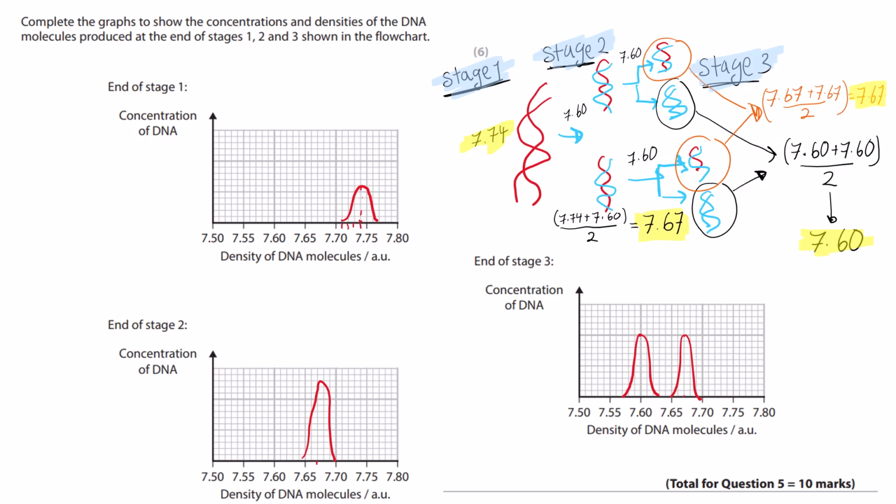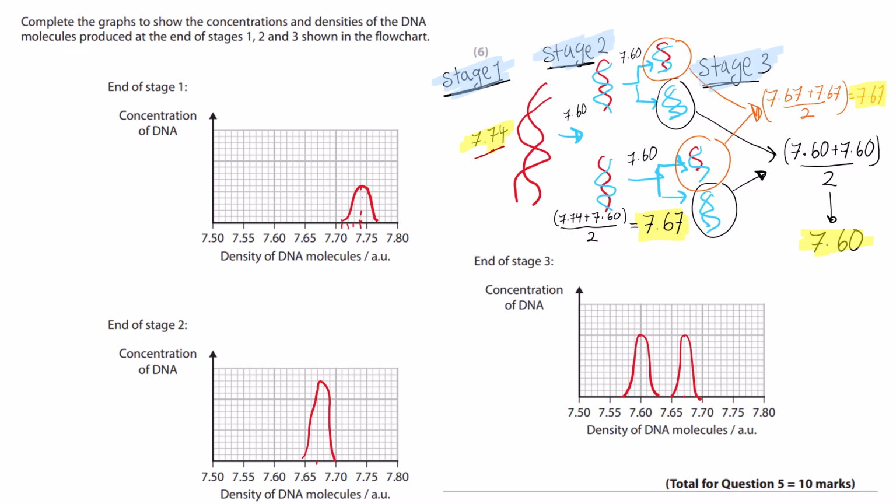Complete the graphs to show the concentrations and densities of the DNA molecules produced at the end of stage 1, 2, and 3 in the flowchart. Over here, I did a very nice diagram that's pretty helpful. Stage 1 has a density of 7.74, and I gave it the red color.